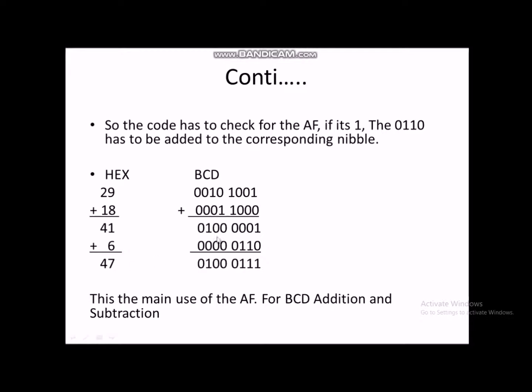It's supposed to be 47, but since there is a carry, an auxiliary carry between this nibble and this one, the auxiliary flag is changed to 1. So the DAA instruction checks the auxiliary flag. If it is changed to 1, then it adds 6 to the lower nibble, because the carry was from the lower nibble to the upper nibble. So it has to check for the auxiliary flag and do the necessary addition.